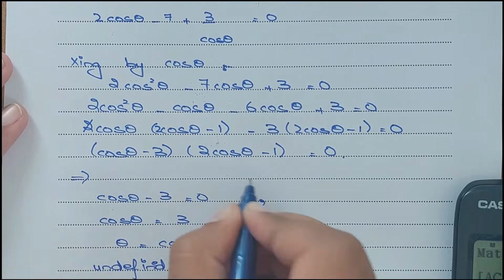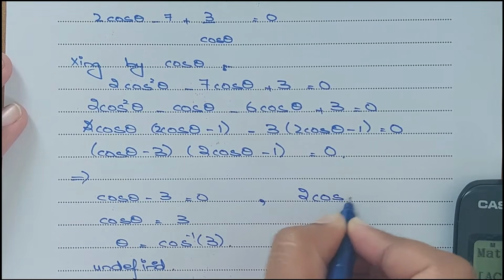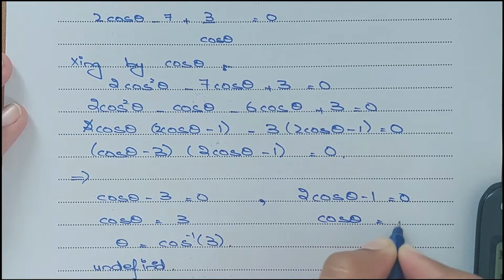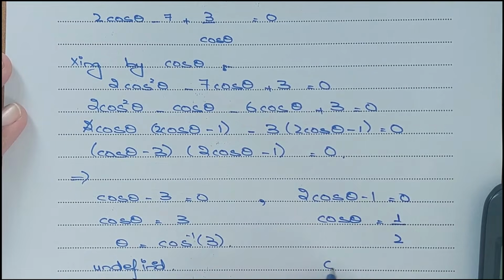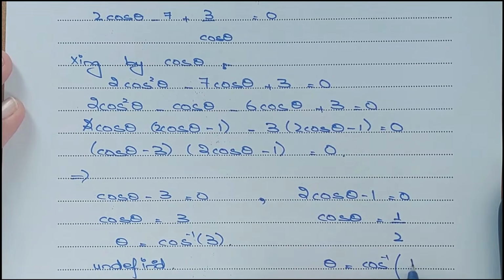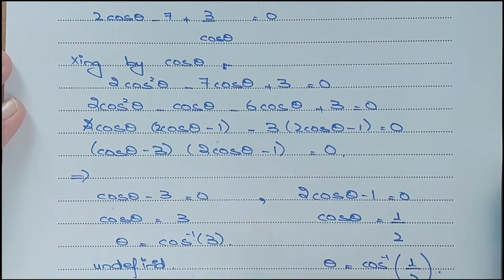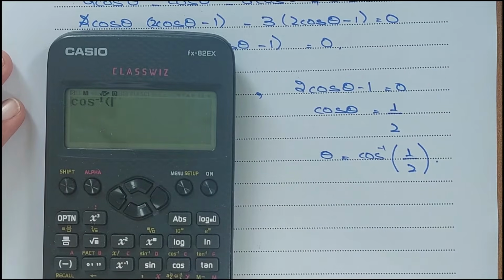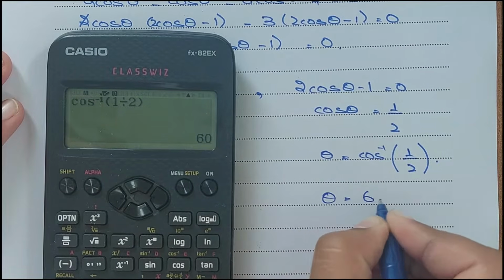Now let me find the value from the other root. 2 cos theta minus 1 equals 0. From here, cos theta is 1 by 2, and theta is cos inverse of 1 by 2, which is 60 degrees.